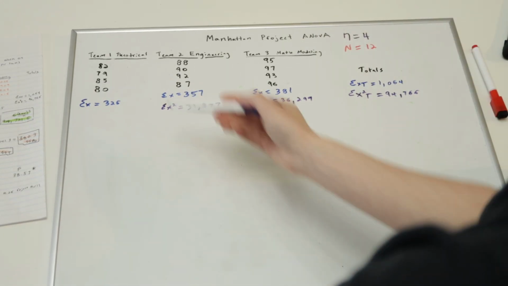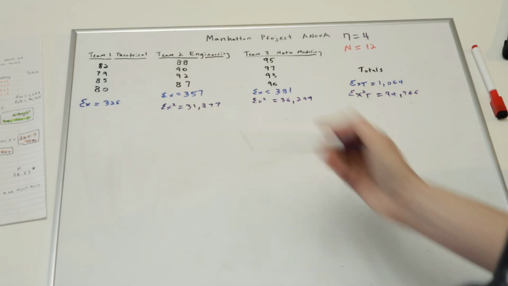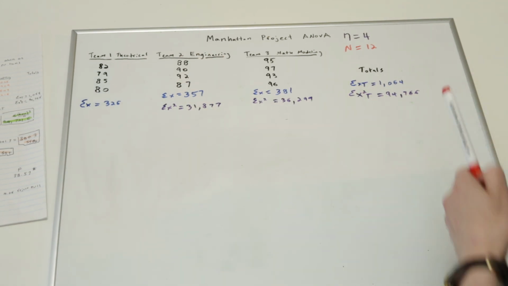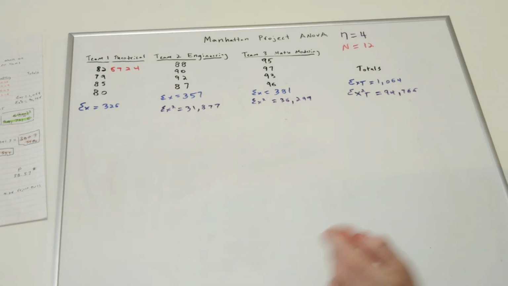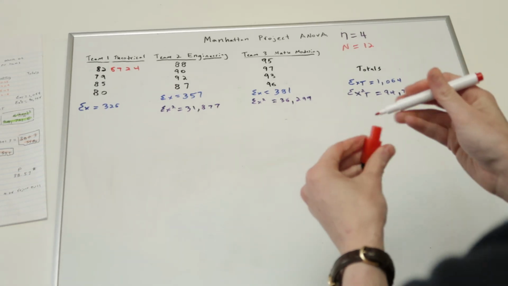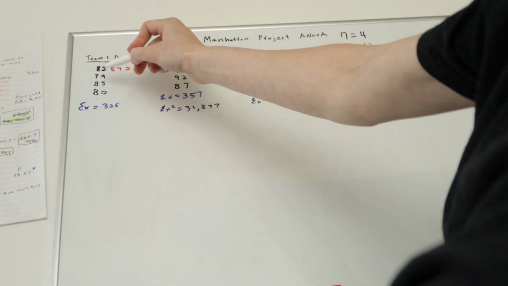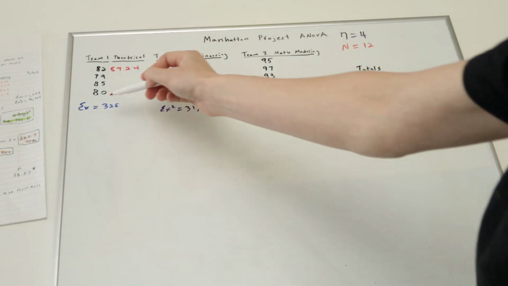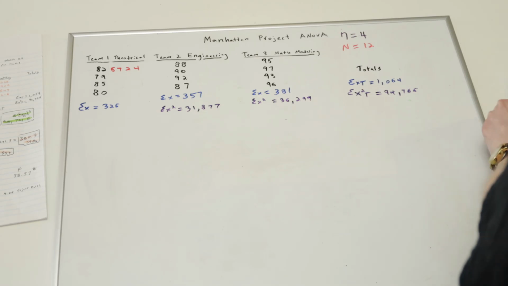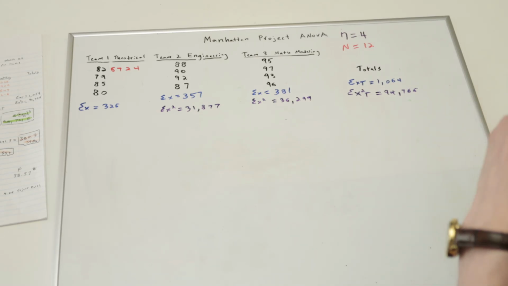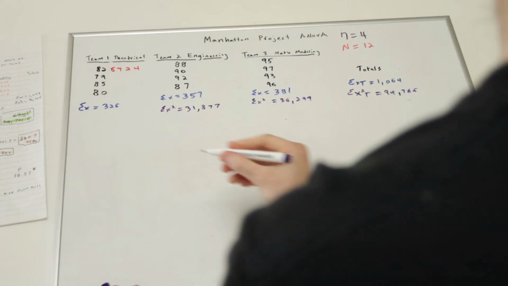Now, you're going to want to square each of these scores. So when you square 82, for instance, that's going to be 6,724, right? And you're going to do that for each one, and then you're going to add that up, which is the sum of scores squared.